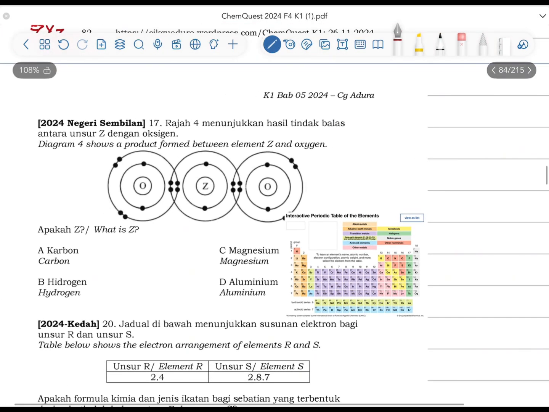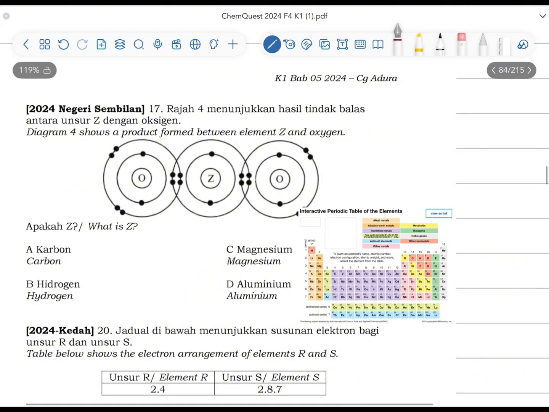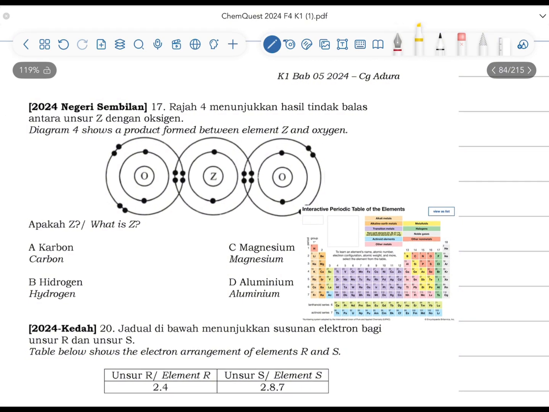Okay, next question. This question gives us the diagram which shows a product formed between the element Z and oxygen. We know this is oxygen, but for Z we don't know what the element is. So what is Z? Actually, it is very obvious, right.